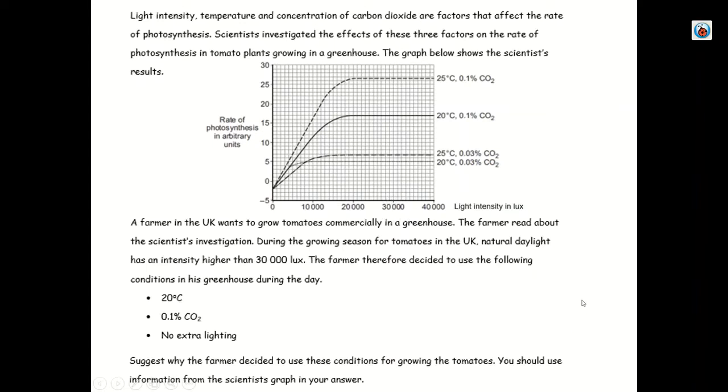The farmer therefore decided to use the following conditions in his greenhouse during the day: 20 degrees Celsius, so that's our temperature, 0.1% carbon dioxide, so that's our carbon dioxide concentration, and no extra lighting. Suggest why the farmer decided to use these conditions for growing the tomatoes. You should use information from the scientists' graph in your answer.